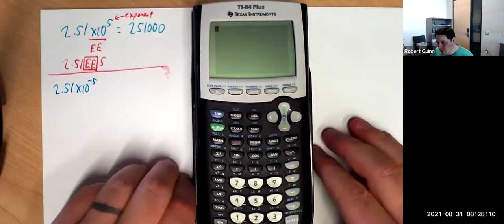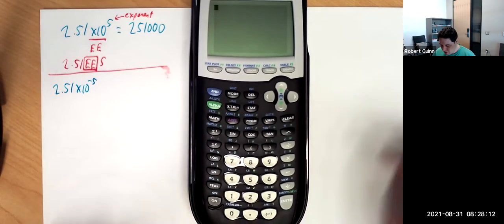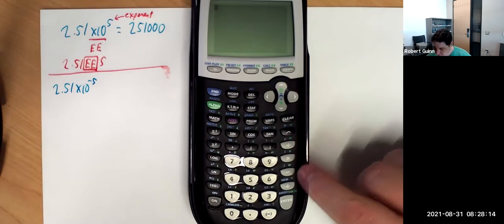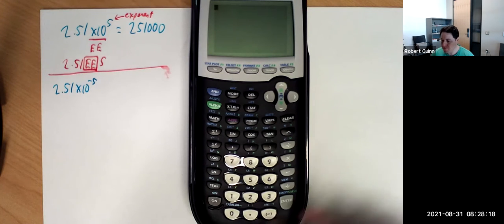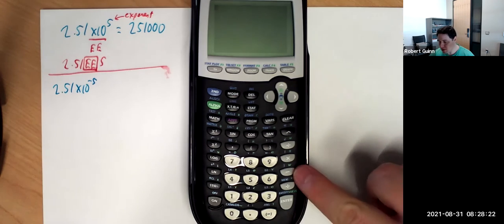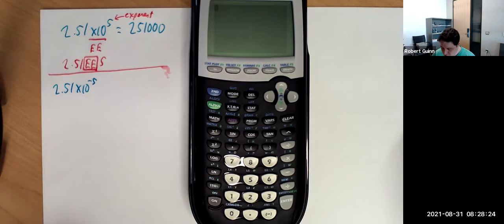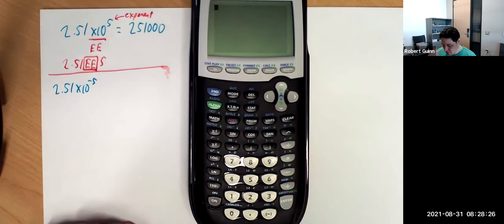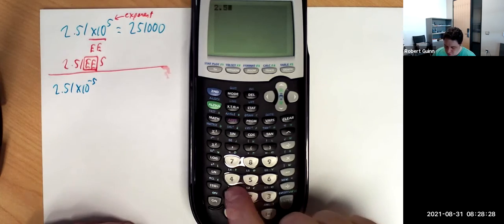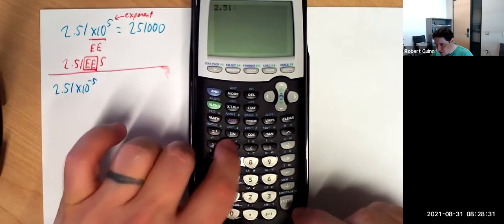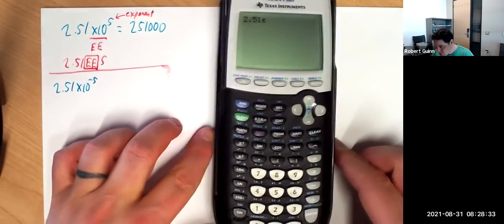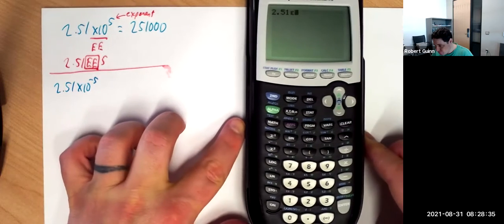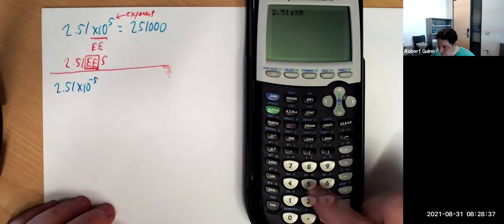So to access a negative number, you've got two likely options. You see a negative sign here on the right side, and you see a negative sign here on the bottom. The one on the bottom is negative. The one on the right is minus, okay? So we're going to want to do negative. So we go 2.51 second EE, and then negative 5.